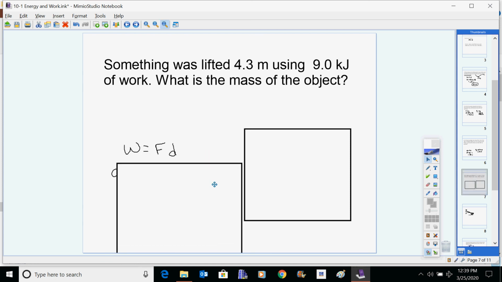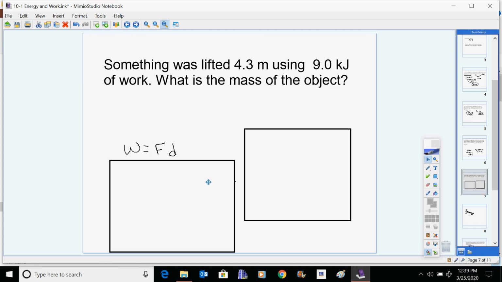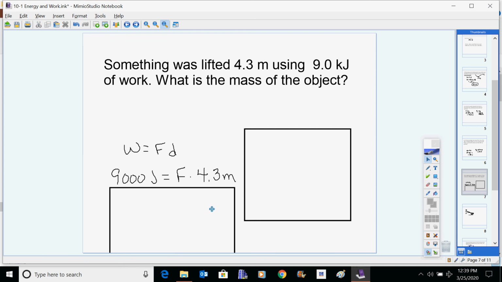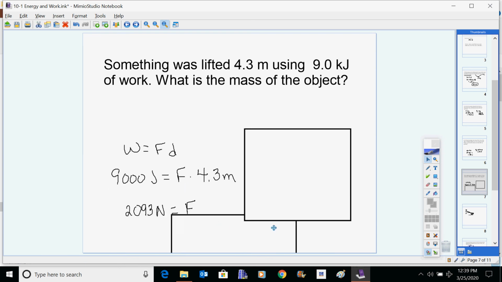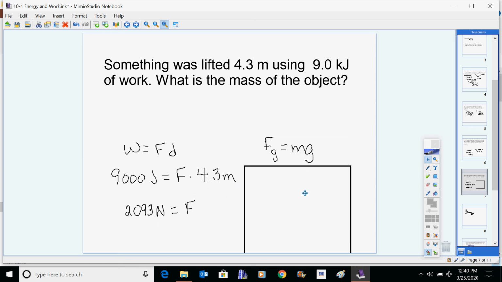So once again, we need to consider force times distance. 9,000 joules, force times 4.3. Solve for force, but we still haven't answered the question as far as what the mass is. So hopefully you're already thinking about what we talked about a little bit ago, is that this is the force that was used to do that, but that's the same as mass times little g gravity.